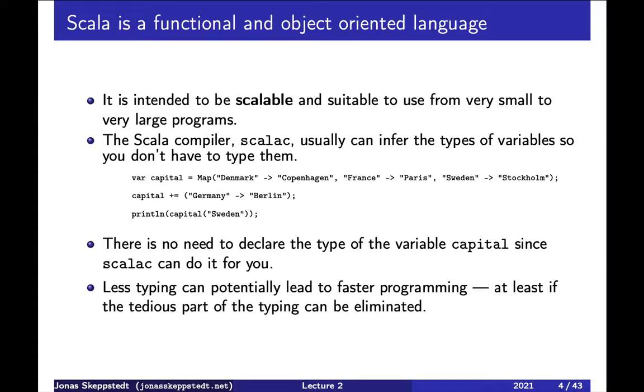So you don't have to say what kind of type capital is. And the idea is that less typing can potentially lead to faster programming. But of course, it's not necessarily the case. But some tedious parts can be eliminated.